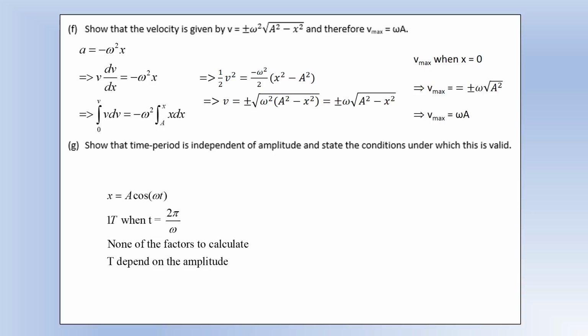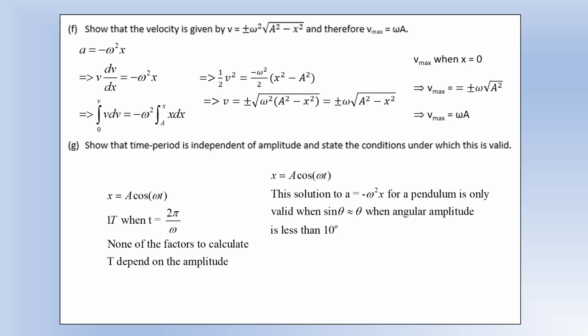And after one time period, its displacement should be back where it started, which means omega t is equal to 2 pi. So after one time period, the time is going to be equal to 2 pi over omega. So the section in brackets becomes 2 pi. And you see none of those properties in there require amplitude to calculate it. So you can see the time period is essentially independent of amplitude.